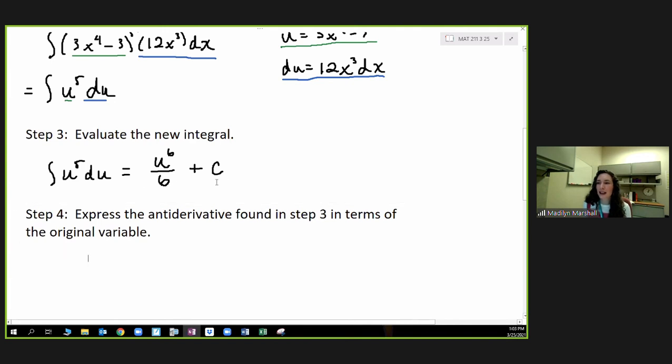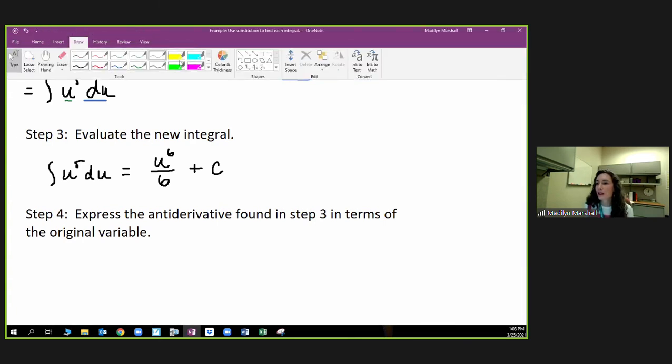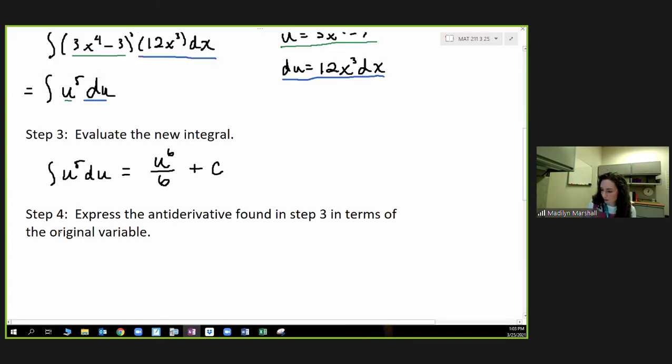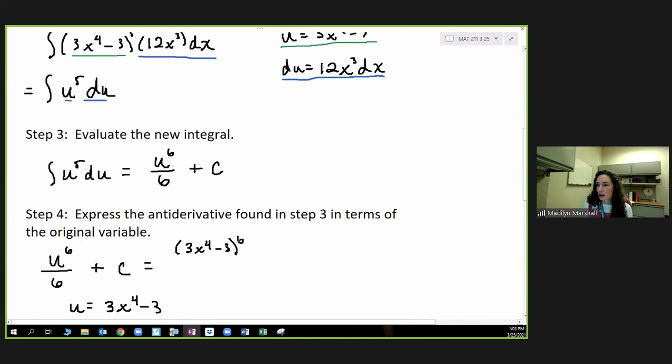All that means is take this and put it back in terms of x. So if our answer was u to the 6 over 6 plus c, and we know that u was 3x to the fourth minus 3, we just have to put 3x to the fourth minus 3 where u was.